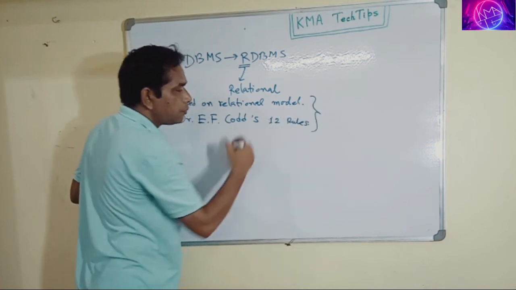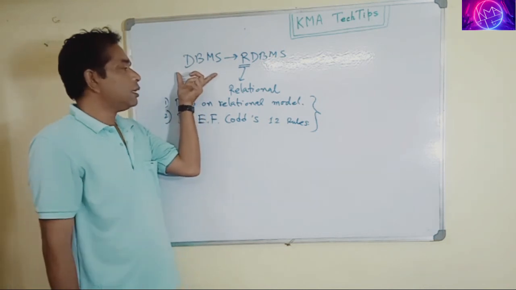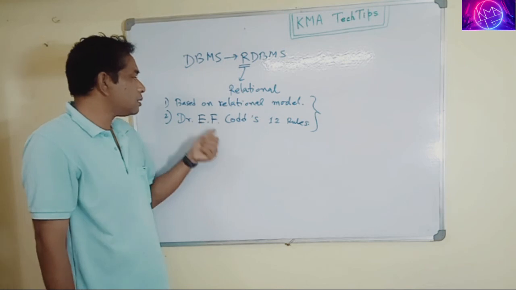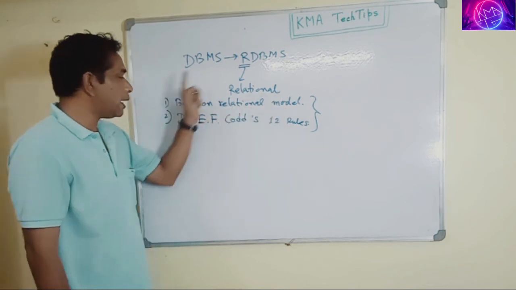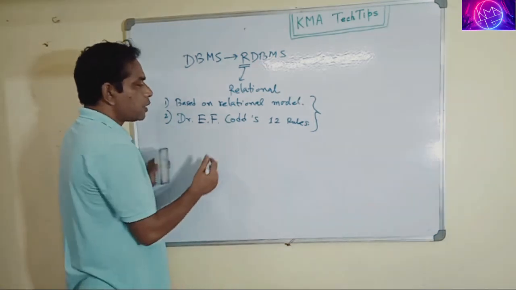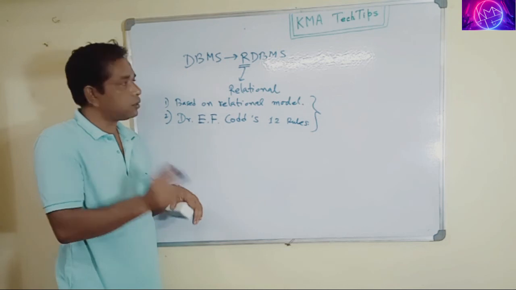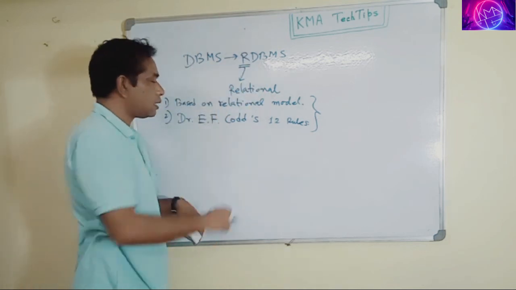If a particular database satisfies these two conditions, that is, it is based on the relational model and satisfies more than 7 to 8 rules of Dr. Codd, then only it would be termed a relational database management system, or RDBMS.